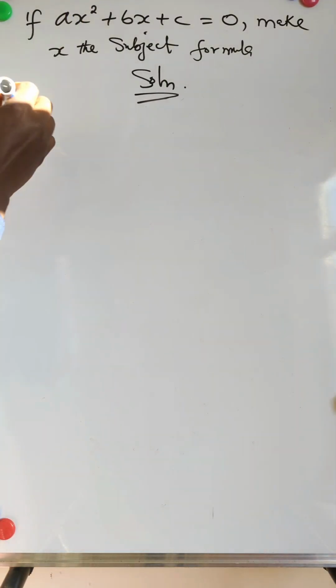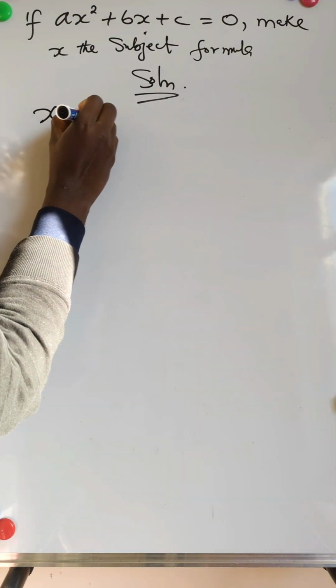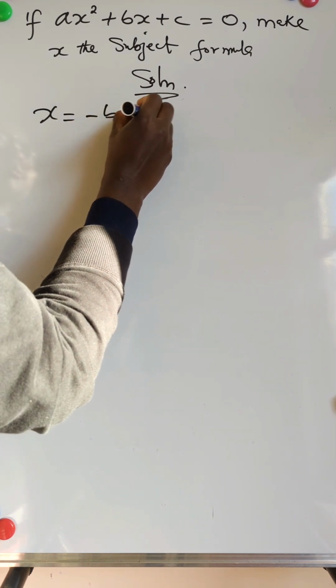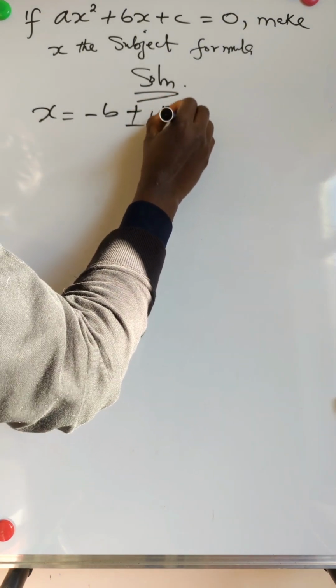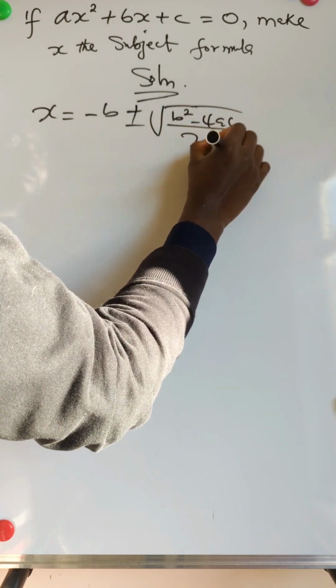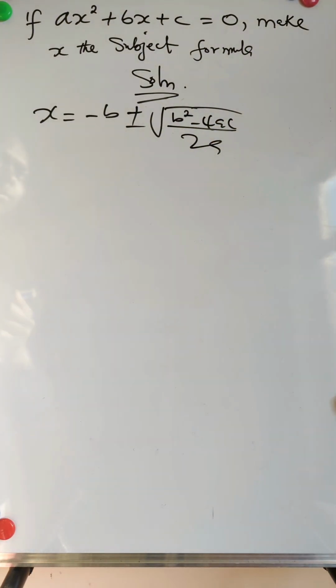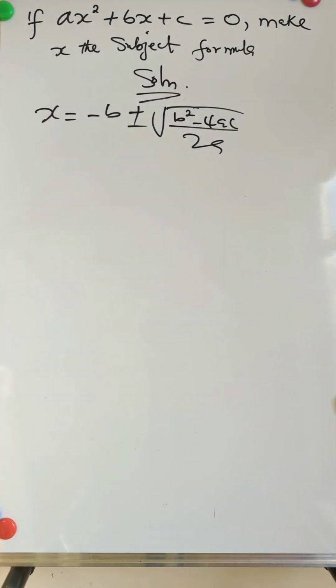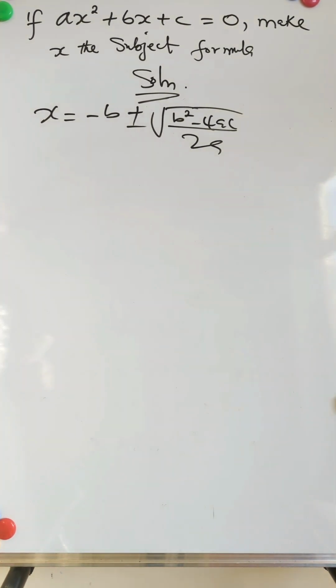The general formula is x is equal to minus b plus or minus square root of b squared minus 4ac, over 2a.